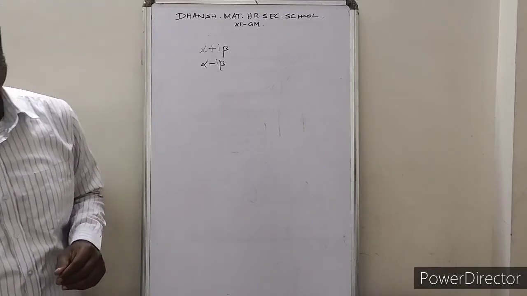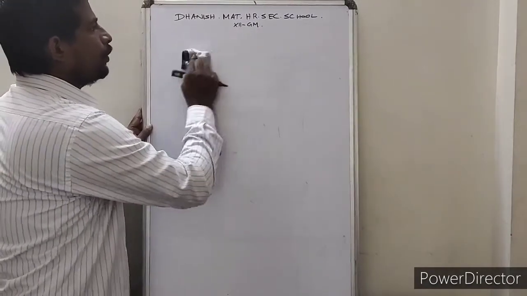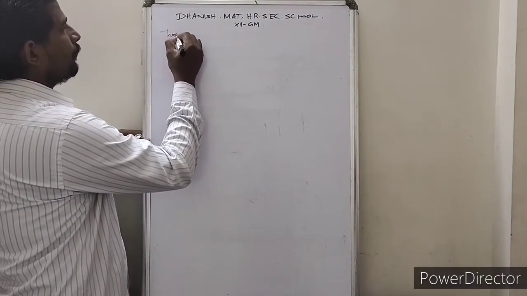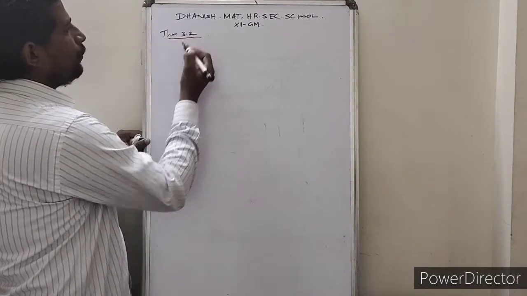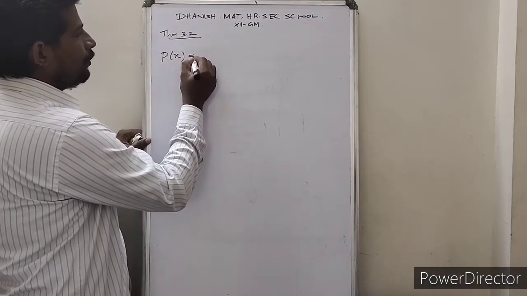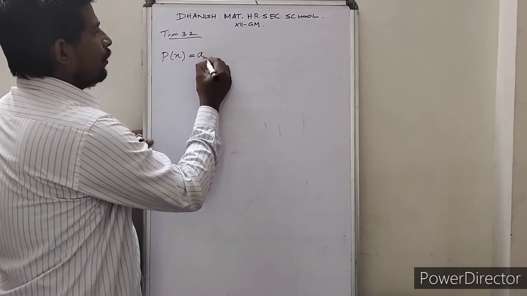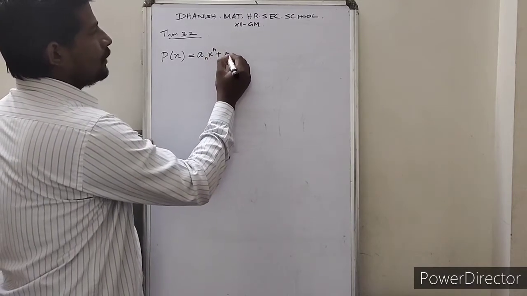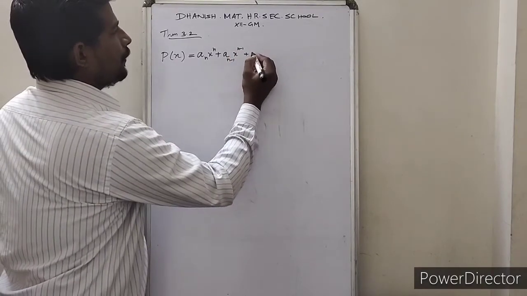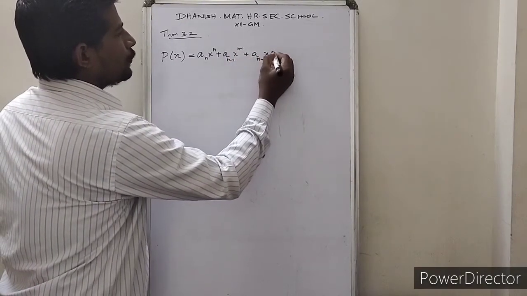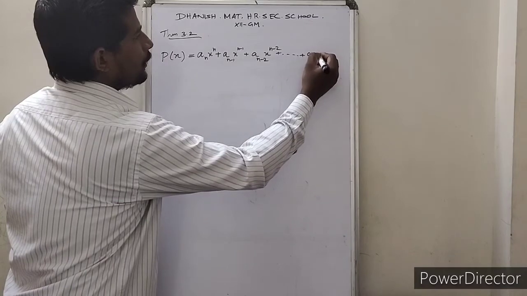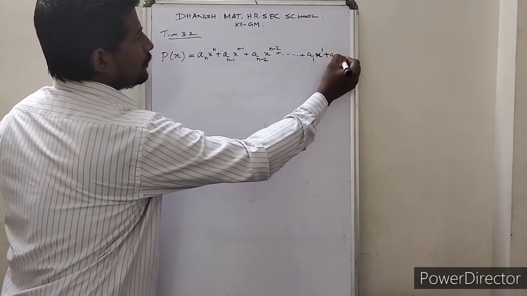First I am going to take the polynomial p of x as: let p of x equal to a_n x power n plus a_(n-1) x power n minus 1 plus a_(n-2) x power n minus 2 plus etc. plus a_1 x power 1 plus a_0.